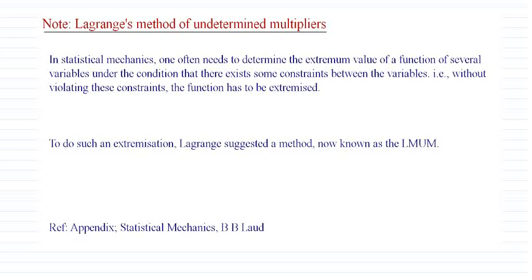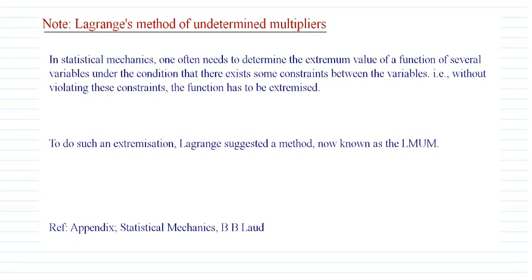So let's continue our derivation of the Boltzmann distribution by the so-called method of most probable distribution. We were halfway through the derivation.